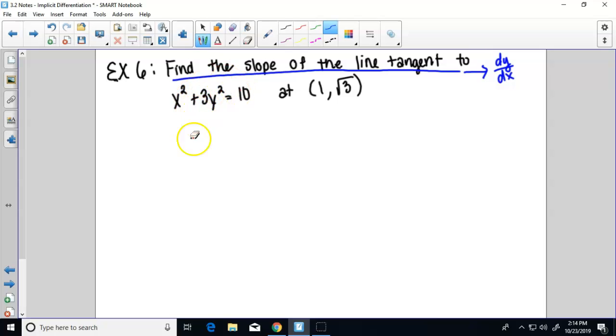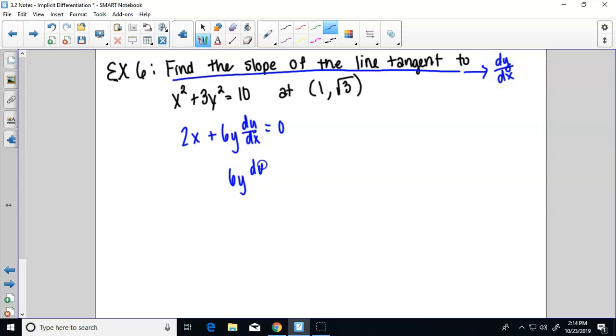So we're going to find the derivative, so we'll have 2x plus, here we'll get 6y, but we must put a dy dx with it. And then the derivative of 10 is just 0. So we will move our 2x over to the other side.